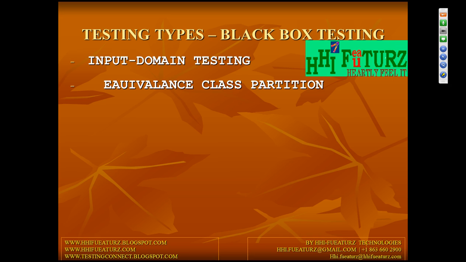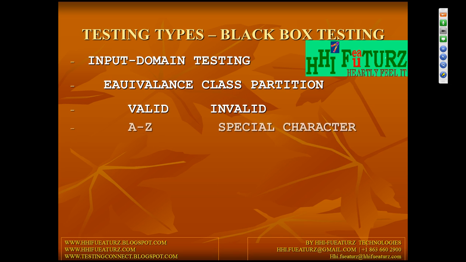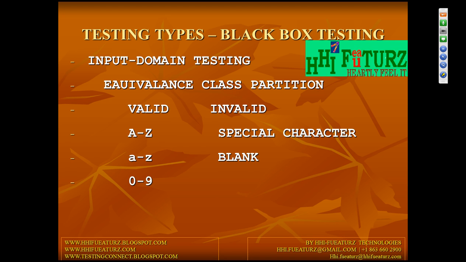That is the reason. Whatever test data you are having, you divide the test data into 2 equivalence classes. That is nothing but equivalence class partition. Okay, so equivalence class partition is nothing but, whatever test data you are having, you divide the test data into 2 equivalence classes.